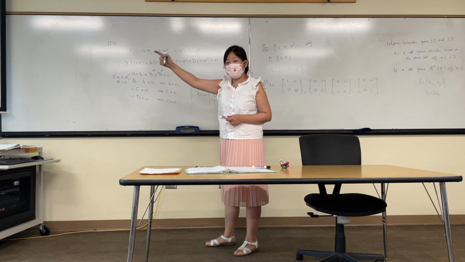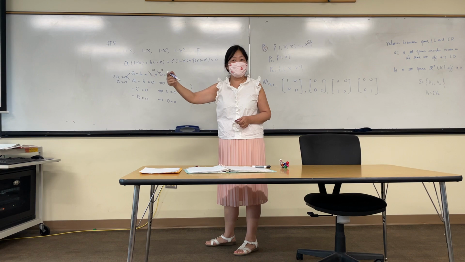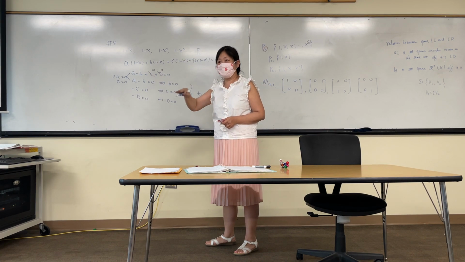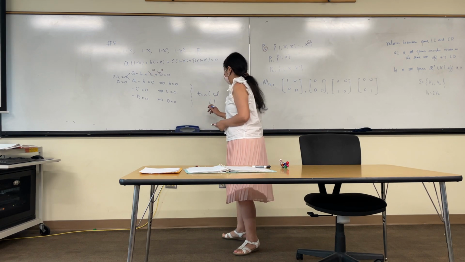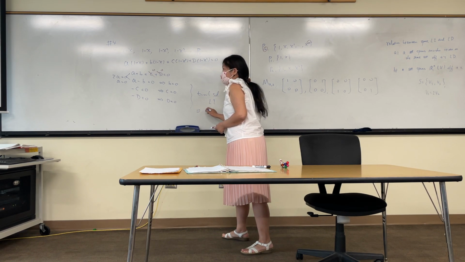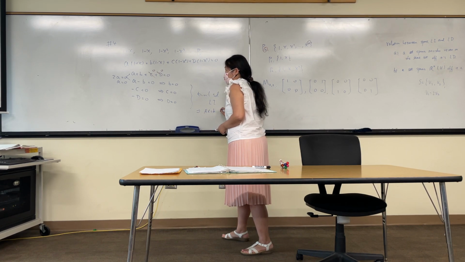But then E is also true because it's equivalent. You guys follow me here? Equivalent means that if one is true, all are true; if one is false, all are false. So that means AX equal to B is consistent.